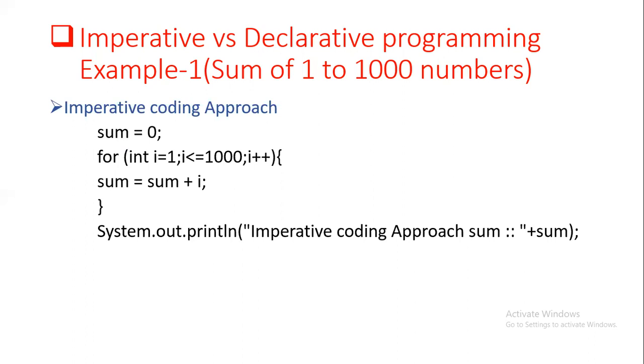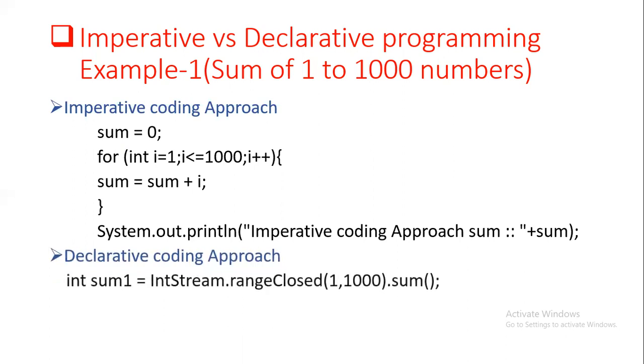With Java 8, simply see how we can write the declarative coding approach. Int sum equal to IntStream. There is a stream object for every data type, and by using them we can do this. Here, IntStream range.